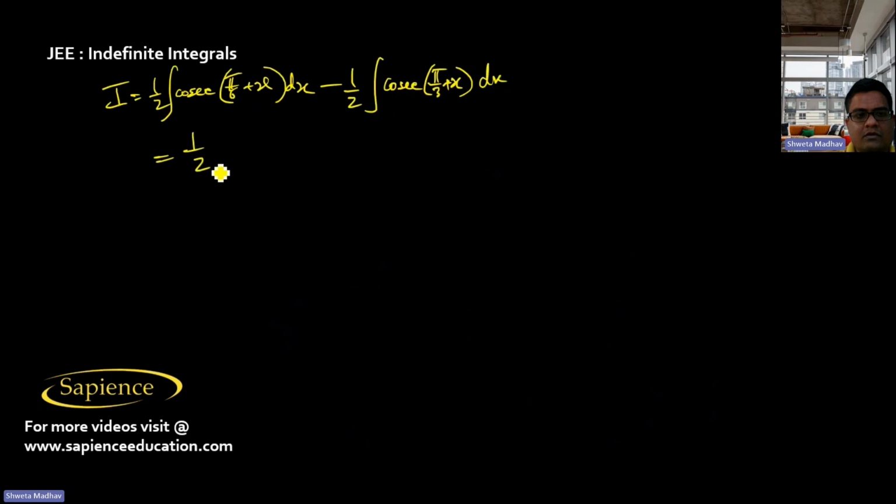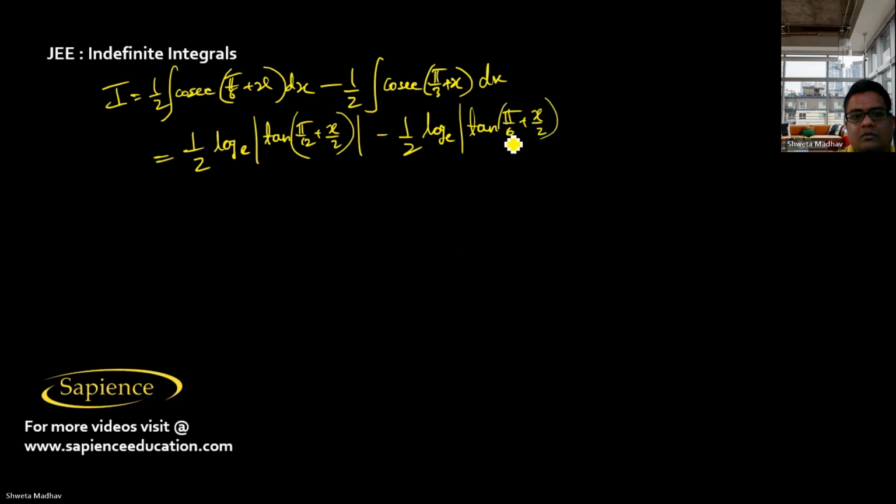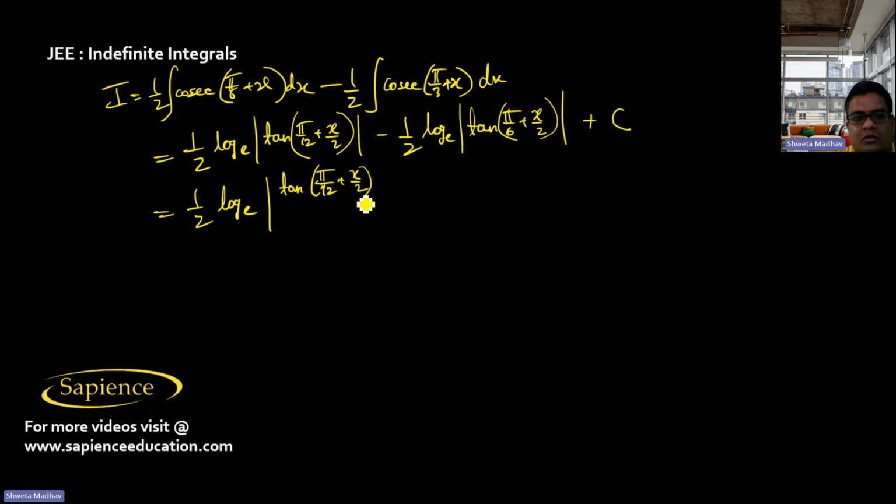So this will be half of log base e mod tan x by 2. So that is tan (pi by 12 plus x by 2) minus half of log base e mod tan (pi by 6 plus x by 2), which will be half of log base e mod tan (pi by 12 plus x by 2) by tan of (pi by 6 plus x by 2) plus c.